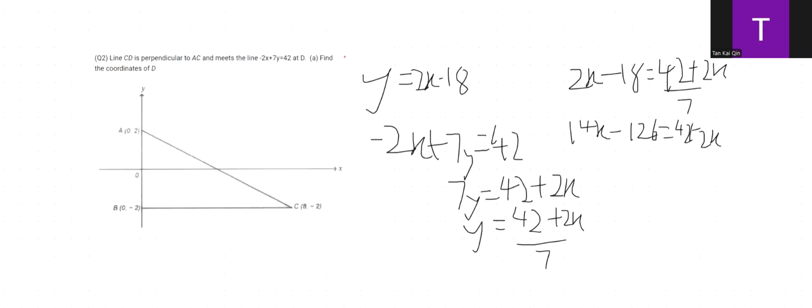So now we move the x terms together: 14x minus 2x equals 42 plus 126, which becomes 12x equals 168. So x will be 168 divided by 12, which becomes 14.